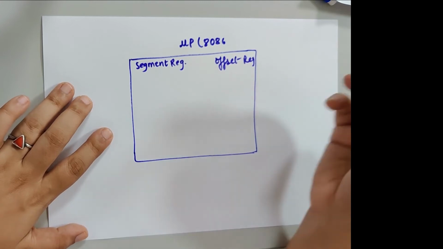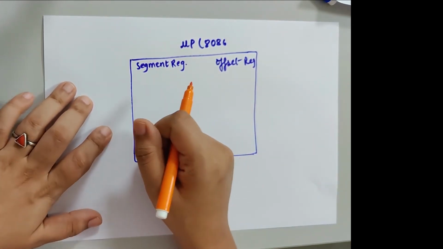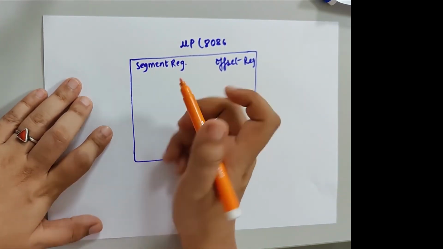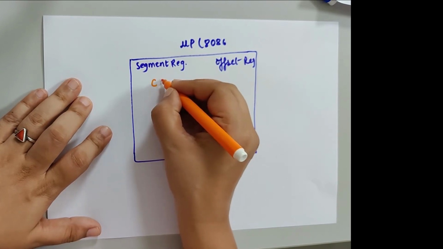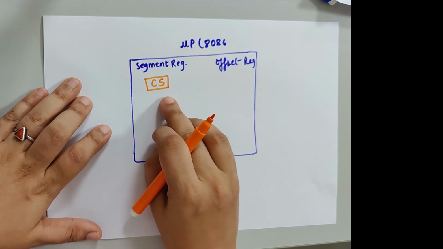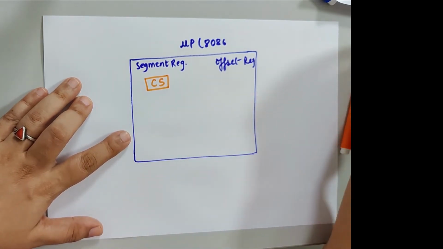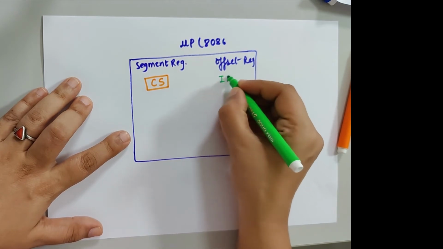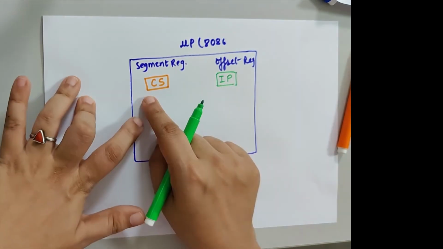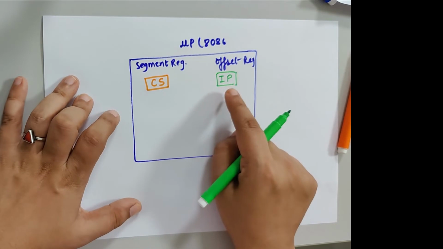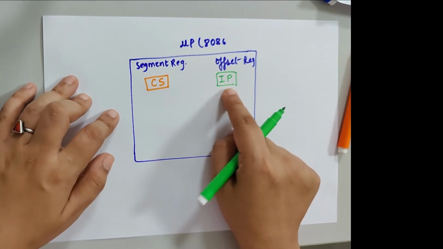We have 4 segments: code segment, stack segment, data segment and extra segment. For the code segment, the segment register is CS, that we have already discussed. The offset register for the code segment is IP, instruction pointer.